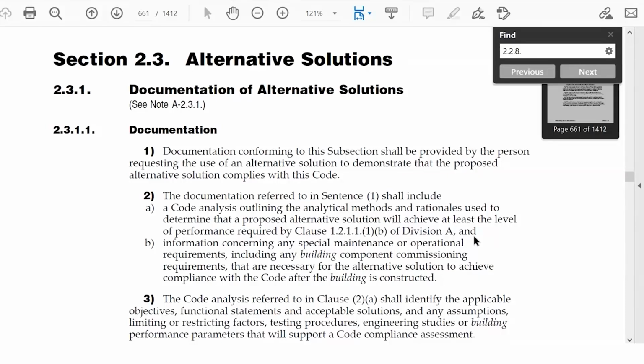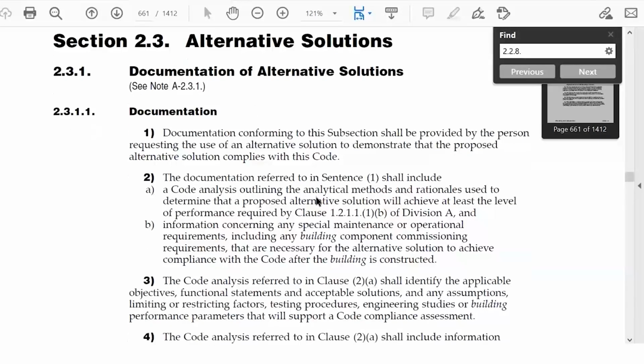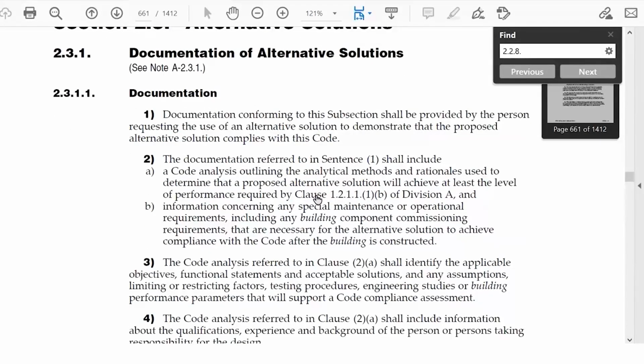A cautionary remark: local jurisdictions will have different or additional provisions for documentation and submission of alternative solutions. But in general, you want to make sure that you document the equivalent performance in terms of achieving the intended functional statements and objectives of the code associated with the prescriptive requirement for which you are seeking an alternative solution approval.